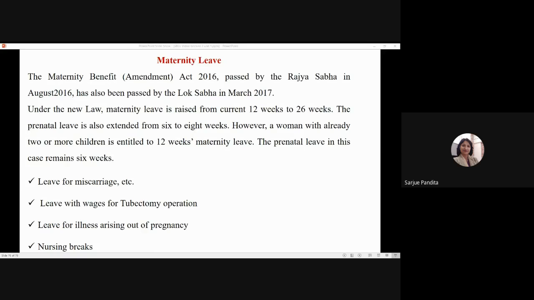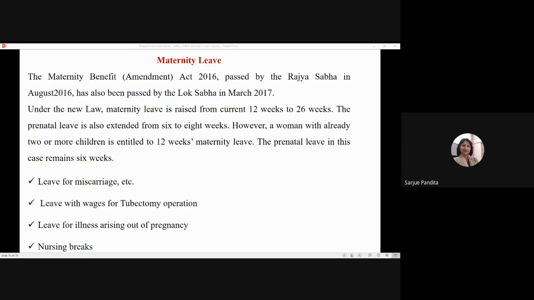Then we have leave for illness arising out of pregnancy. Sometimes it so happens that there might be certain complications which arise during carrying a baby or after delivery. Sometimes it may be premature birth of a child, and sometimes it is medical termination of pregnancy.